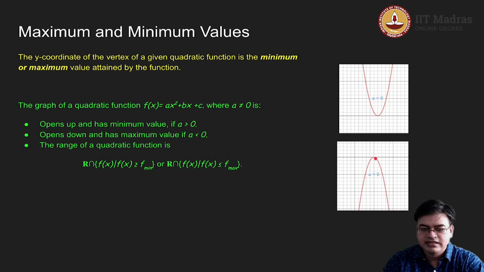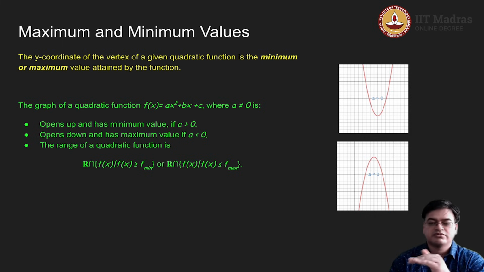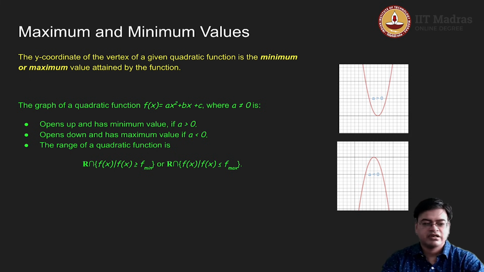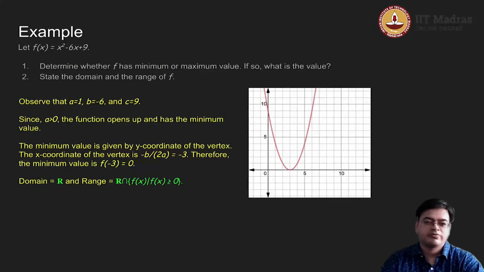Similarly, if a is less than 0, the range of values taken by this function is this. If you relate this to domain codomain terminology, what is the domain of this quadratic function? It is the entire real line, and the range is restricted to some subset of the real line. So we will try to improve upon this concept using this example.